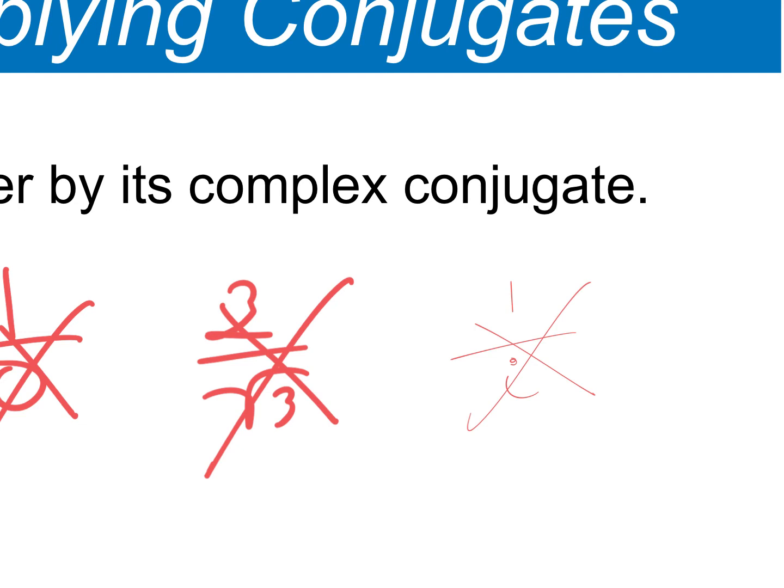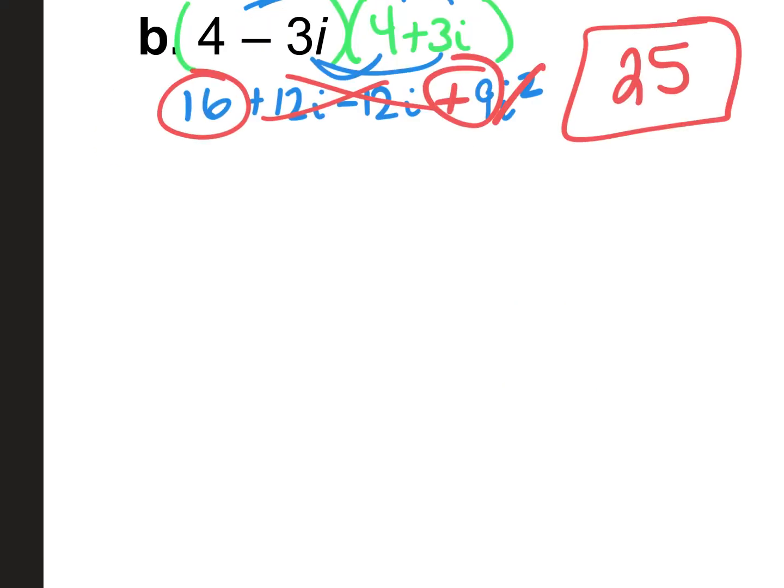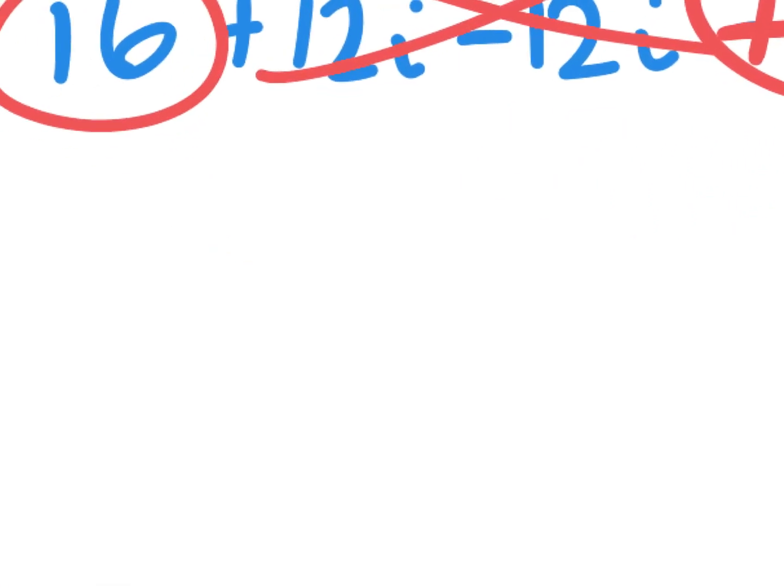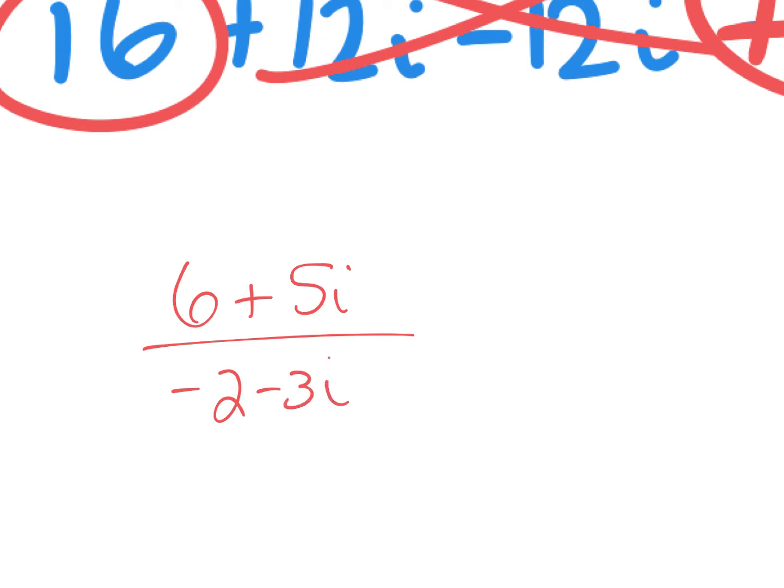It's okay in the numerator, but not in the denominator. So when you get a problem where you have to divide, 6 plus 5i divided by negative 2 minus 3i. First of all, this is a division problem. Why?